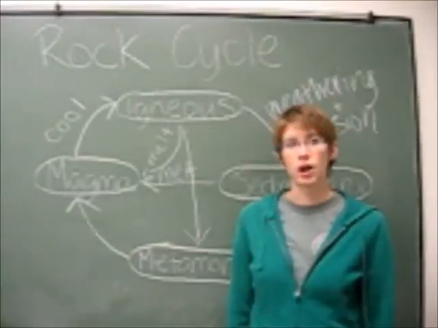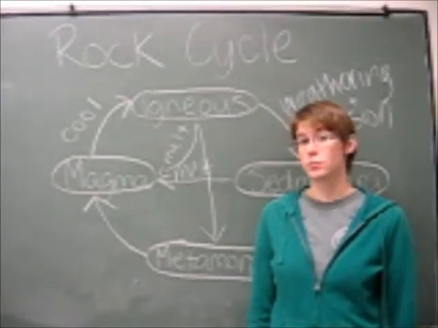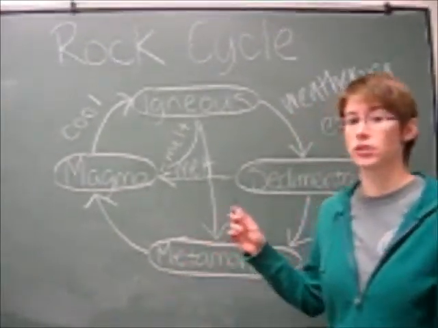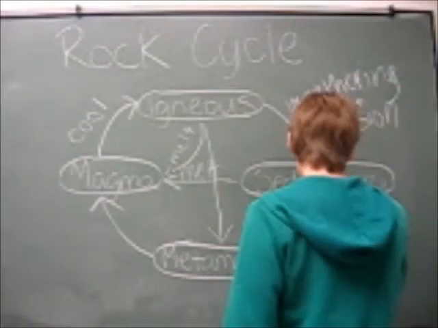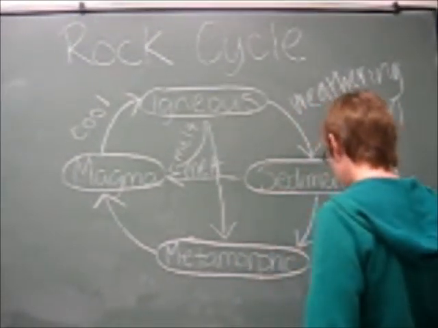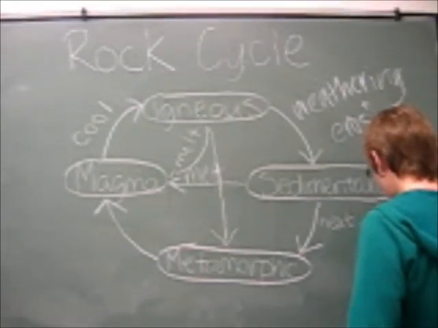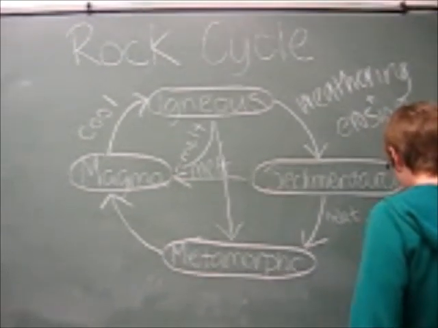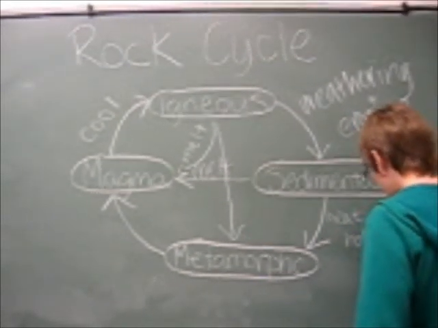Metamorphic rocks are rocks changed from one form to another by intense heat, intense pressure, or by the action of watery hot fluids. Heat, pressure, and the action of hot fluids.